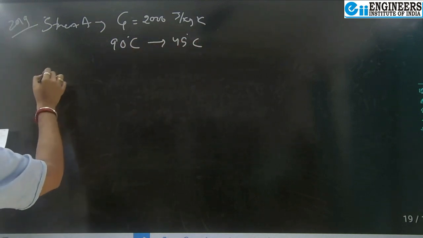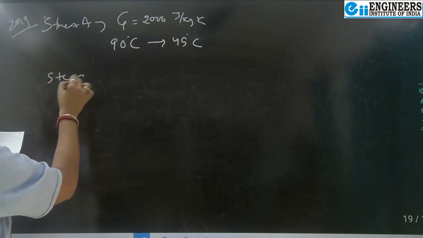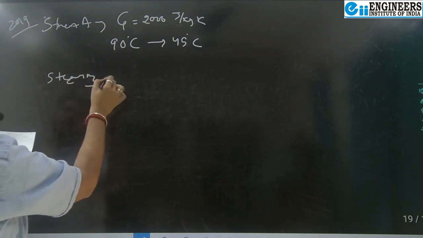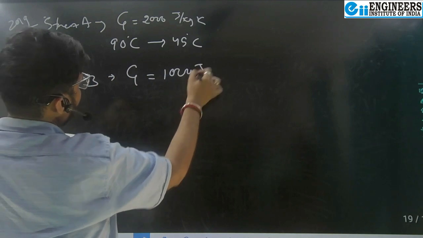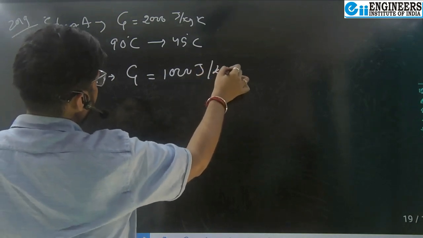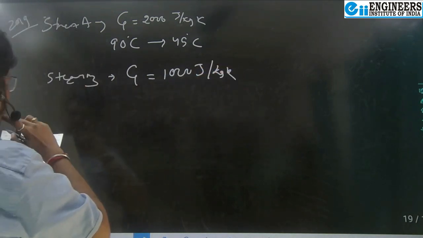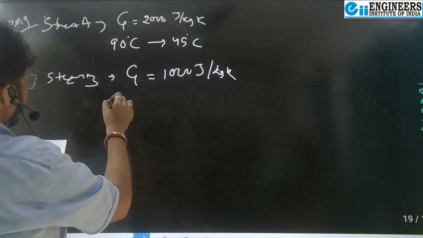Similarly, stream B, it is giving the specific heat is 1000 joule per kg Kelvin. Here it is entering at 40 degrees Celsius.